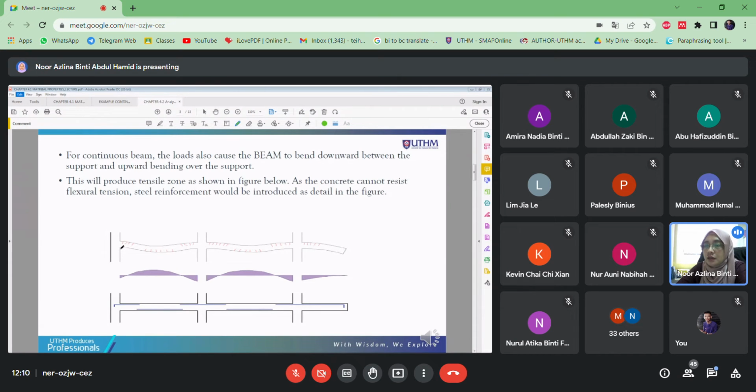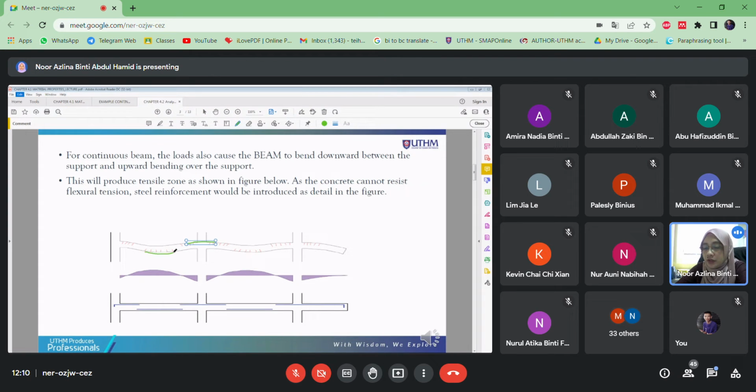If you look at here, span by span, from column to column or from support to support, the bends upward here, there will be positive or negative directions, right? So ada yang upward, ada yang downward here.